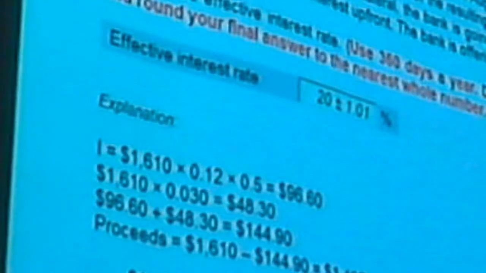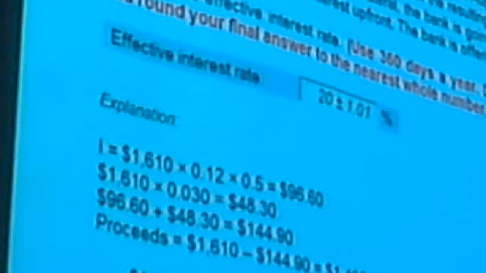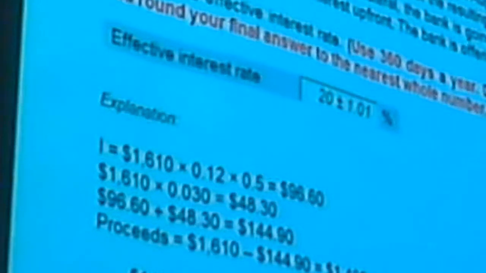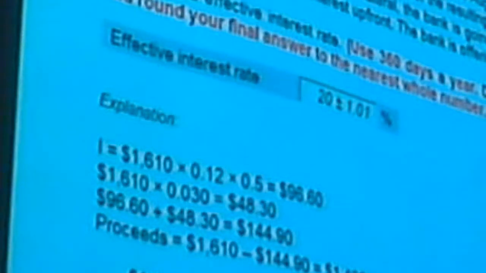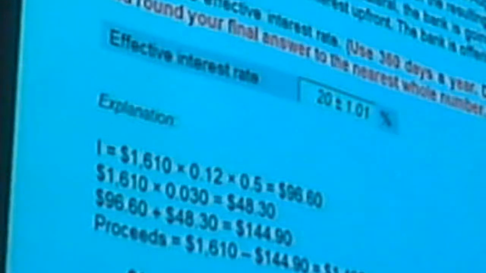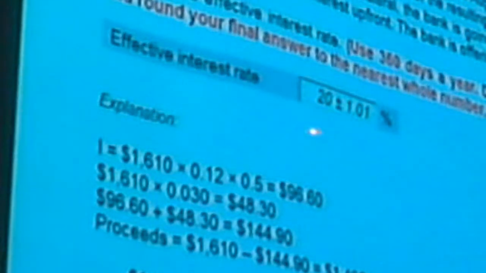Yes, because in chapter 11, we take out the interest from the principal. So the effective interest rate represents the actual interest rate. In the problem, it says 12%. Effective interest rate is always higher. So she's getting charged more than 12% actually. That's why it's called effective. It's the actual interest rate. 8 more percent, quite a bit more. It's usually a little bit higher, right?